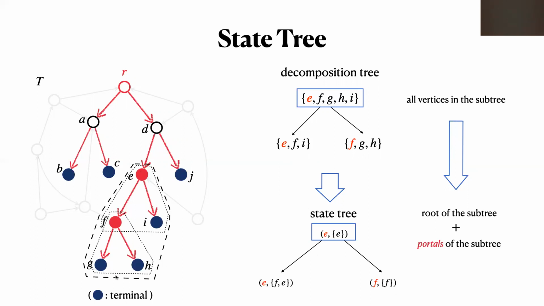So initially, in this subtree, we only have one portal E, because this is the only vertex we use to glue this subtree with the subtree above it. After we partition it into 2, we have one more portal F, and this portal F is also the root of one of the subtrees.